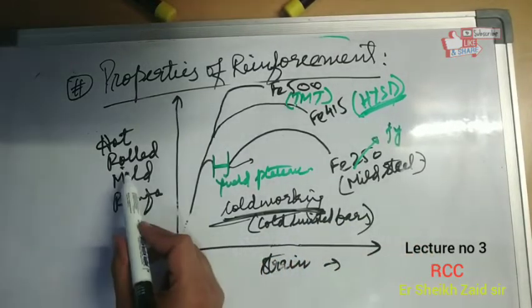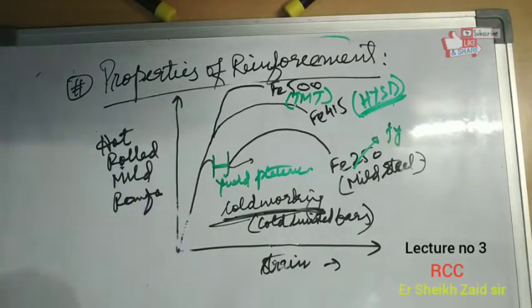And another is hot rolled mild reinforcement. In case of hot rolled mild reinforcement, a yield plateau is observed at the upper yield point, resulting in large deformation in steel and further resulting in large cracking of structure. So this was all about cold working and hot rolled steel reinforcement.